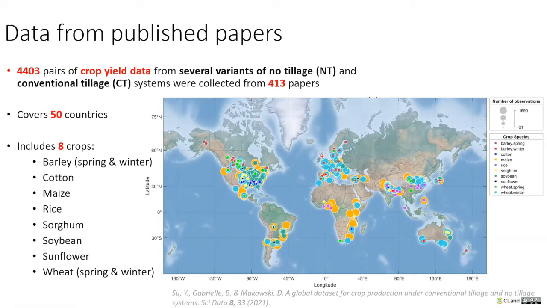Those data cover 50 countries and include 8 crop species: barley, cotton, maize, rice, sorghum, soybean, sunflower, and wheat. And here is the distribution of the experimental sites for those data.